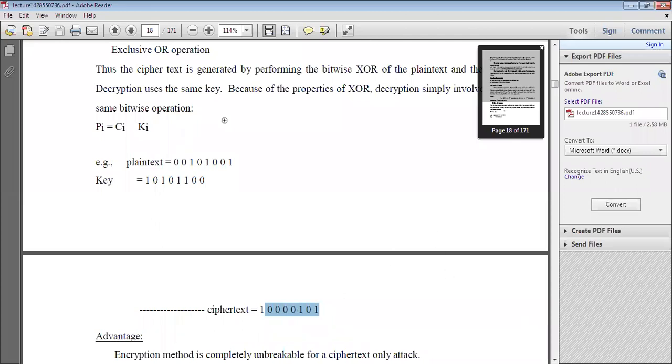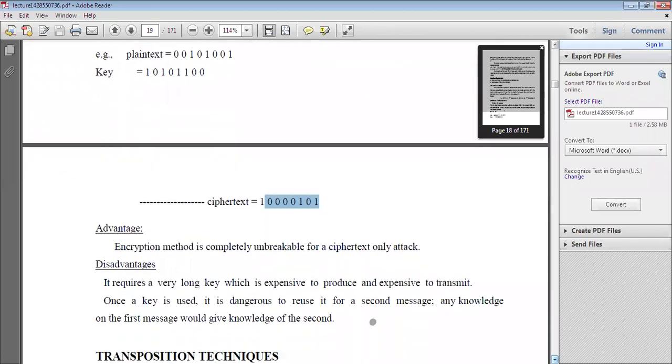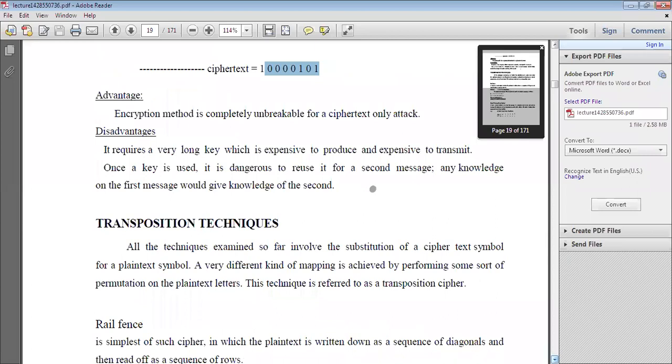This is another type of cipher technique we use, a substitution technique in cryptography. Up to now, in today's class, we have completed the substitution techniques. In the next class, we will continue with the transposition techniques.